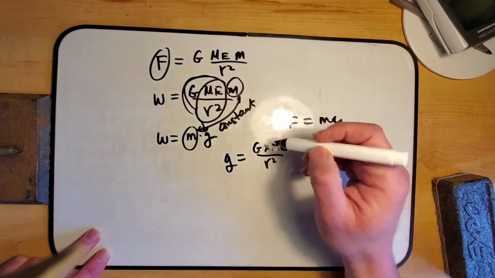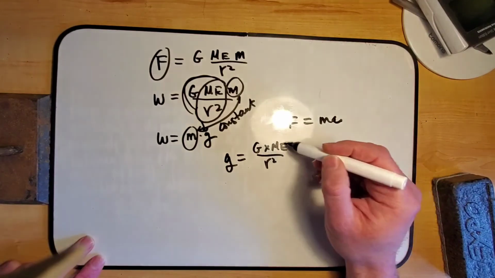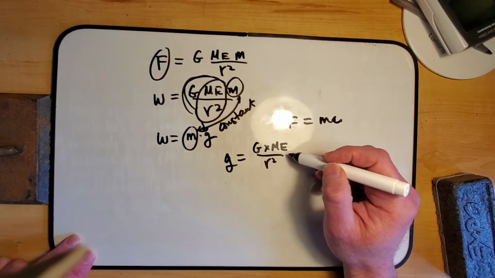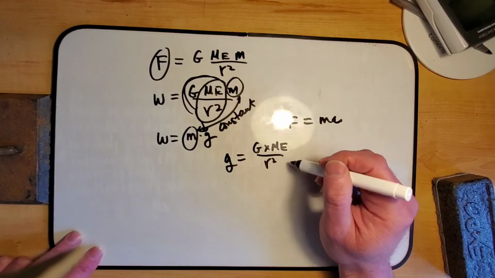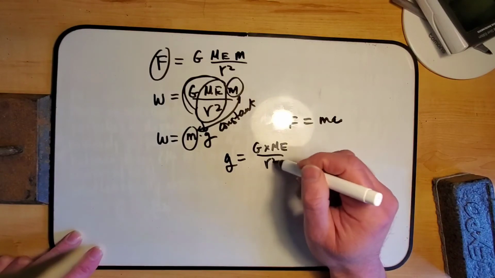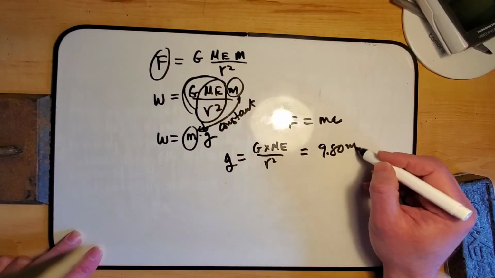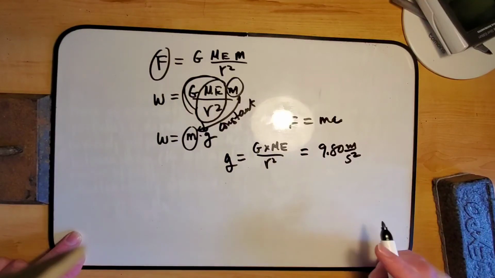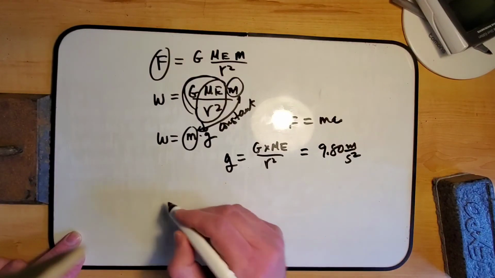So if you plug in the G that I already gave you, the value for this constant, the mass of the Earth, which you can get from the textbook, in chapter 2.13, and the radius of the Earth squared, you will get 9.80 meters per second squared, your acceleration due to gravity. But what happens now to the weight when you travel to the moon?